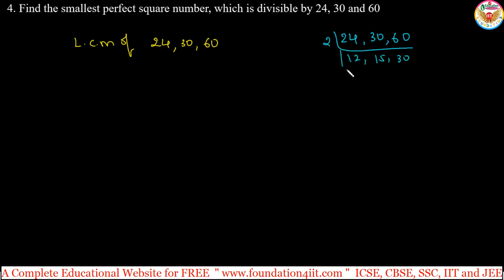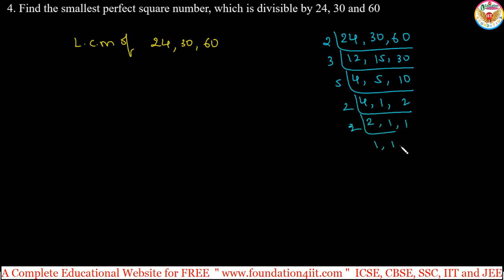Again 3 we can take: 3 4s are 12, 3 5s are 15, 3 10s are 30. If you take 5, 4 as is, 1, 2. 2 table, 2 2s are 4, 1, 1. Okay, 2 into 3 is 6, 6 into 2 is 12, 12 into 10, so 120 is total. So the LCM is equal to 120.